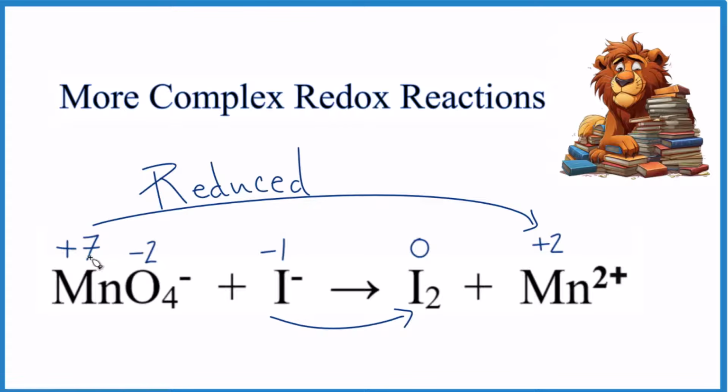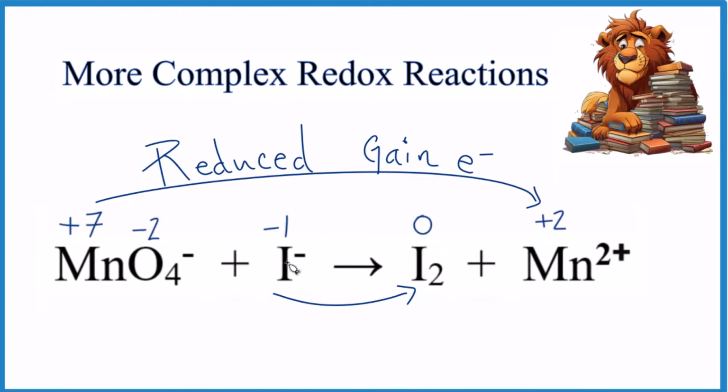And for it to be reduced, we had to add negative charges. We added electrons. So here, we gain electrons. Down here, the number got larger. 0 is larger than -1. That's oxidized. And electrons were lost. Remember Leo, losing electrons is oxidation. Gaining electrons is reduction. Leo the lion goes grrr.